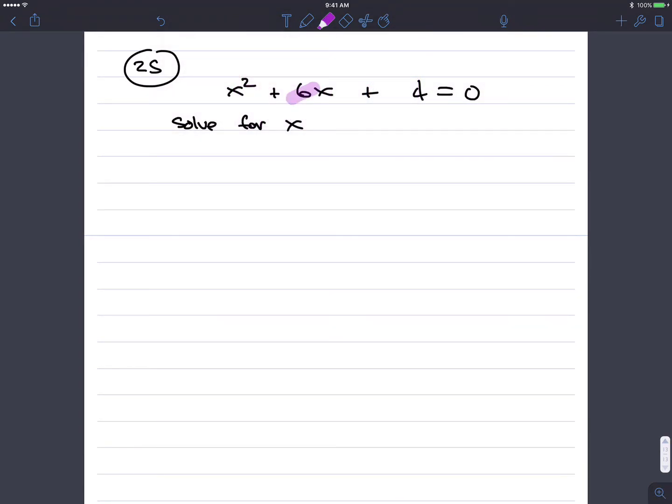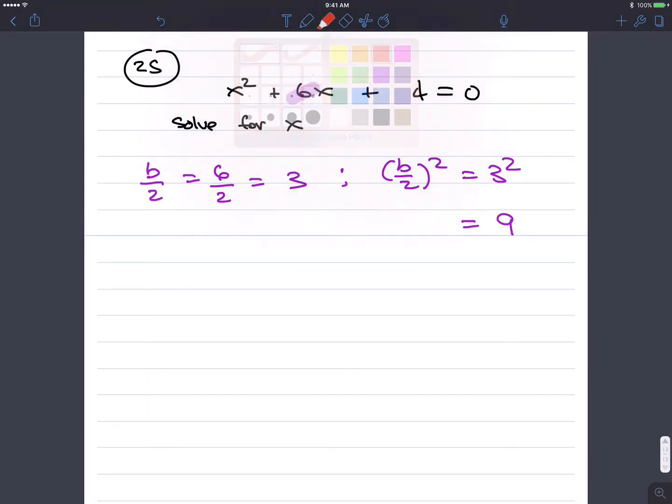In this case, b here is actually 6. So, okay, b over 2. 6 over 2 is the value 3. And b over 2 squared is 3 squared, better known as 9. And we're going to use this 9 immediately just like before. So we're going to go through our process.